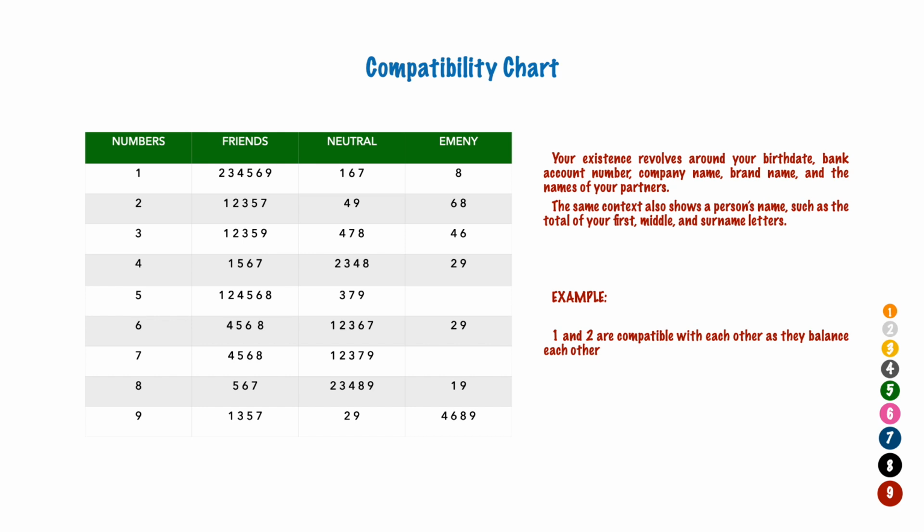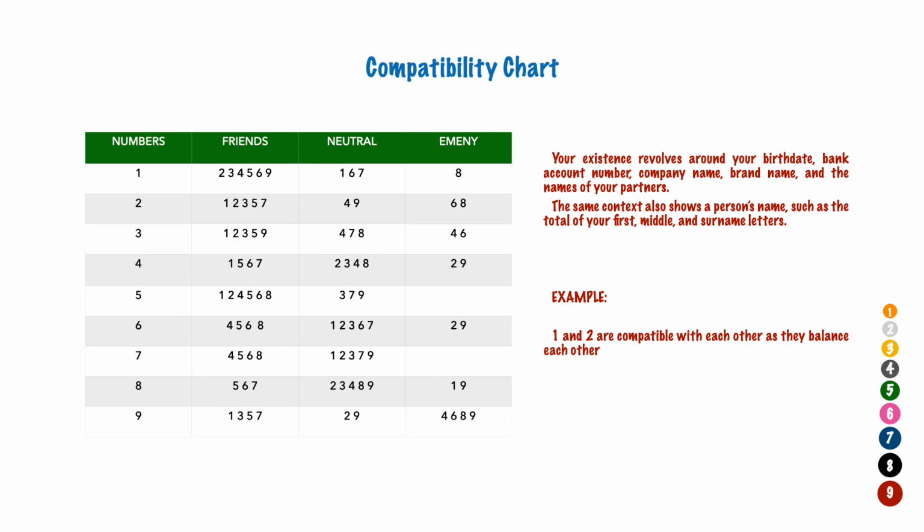So let's see. Number 1 is friends with number 2, 3, 4, 5, 6 and 9. So number 1 is compatible with number 2, 3, 4, 5, 6 and 9.